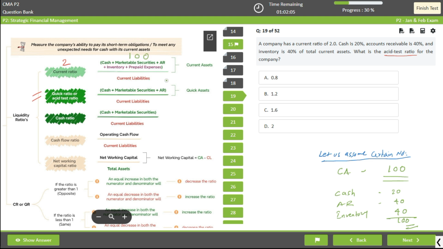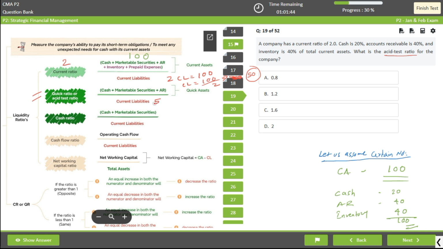By solving this equation, two times current liabilities is equal to 100, so current liabilities is equal to 100 by 2, which is 50.